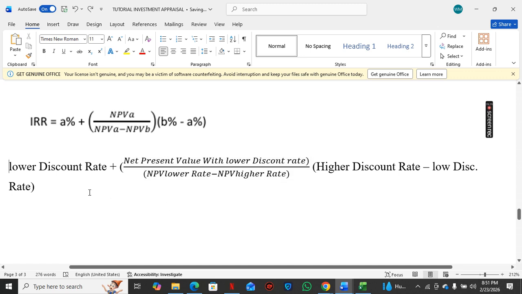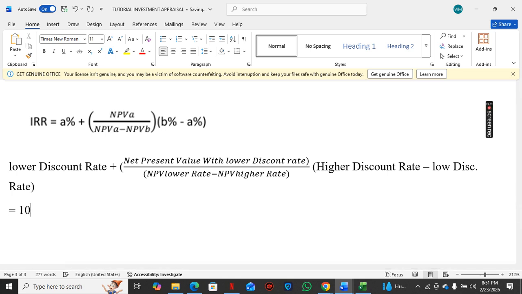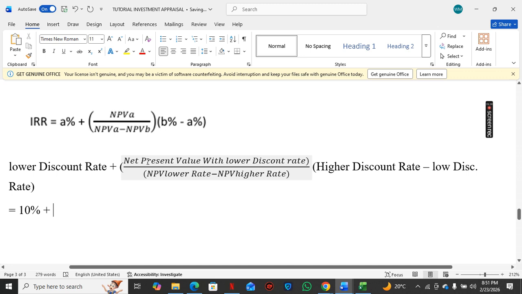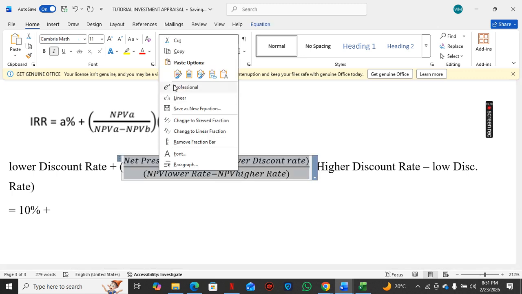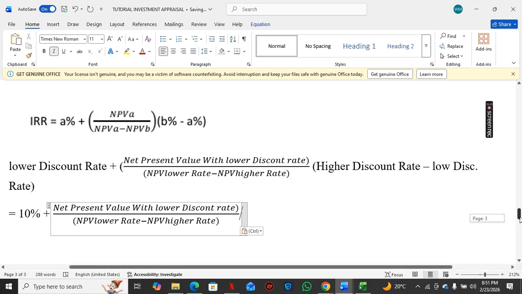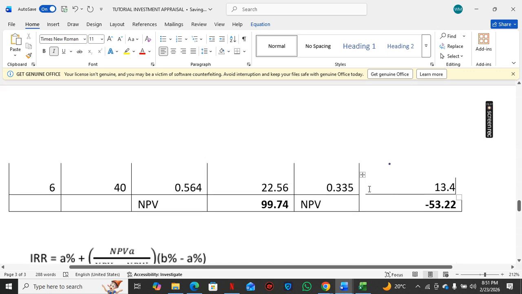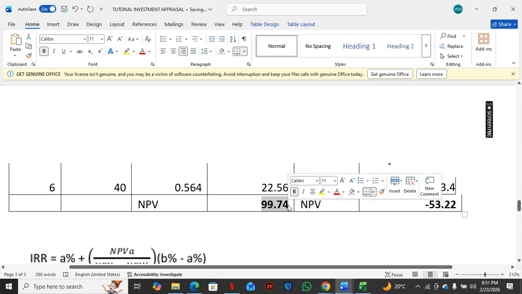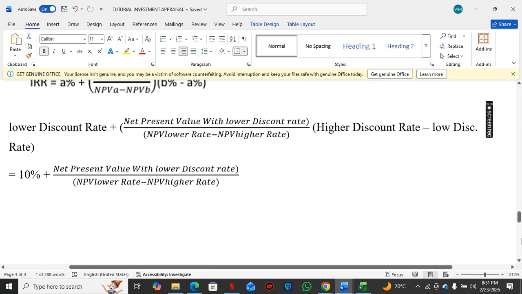So we're going to calculate now our internal rate of return. The lower discount rate is 10%. The net present value with the lower discount rate: when we used 10%, the net present value that we got was 99.74.